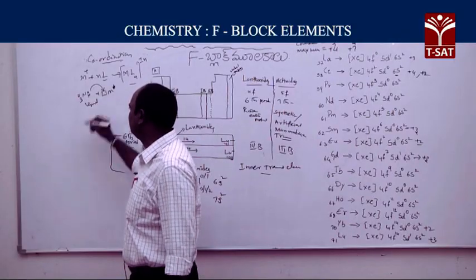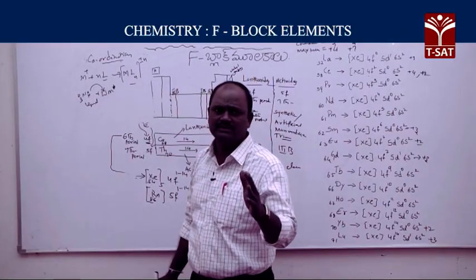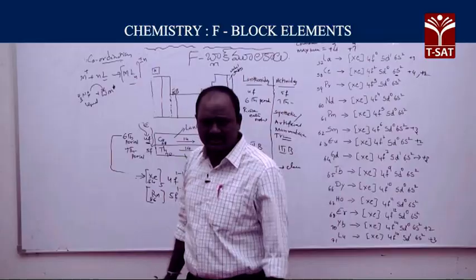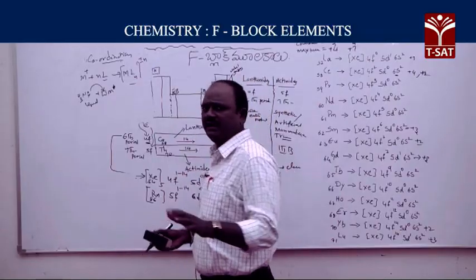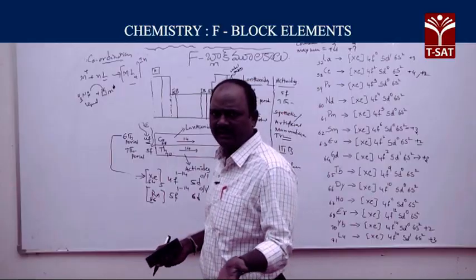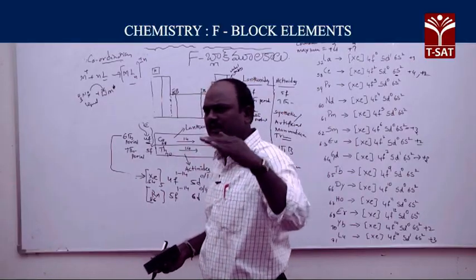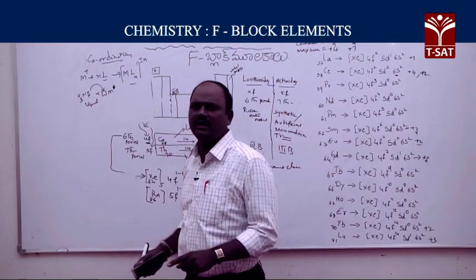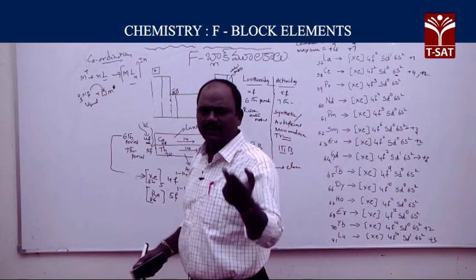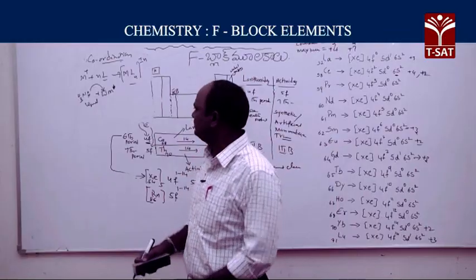When they are donating electron pairs, they are called ligands. Ligands are also of many types: monodentate, bidentate, tridentate, tetradentate, pentadentate, based on the donation of electron pairs. If they donate only one pair of electrons towards the central metal cation, that is monodentate. If they donate two pairs of electrons, bidentate.